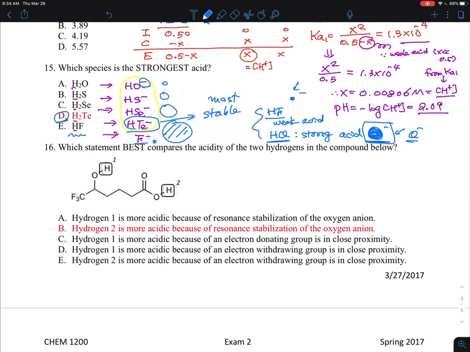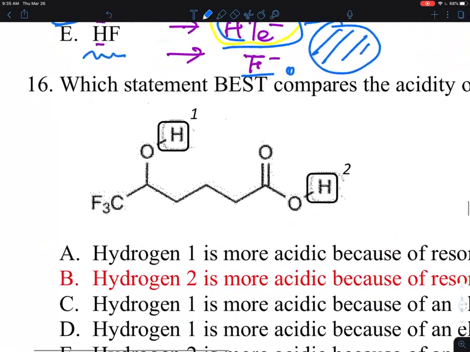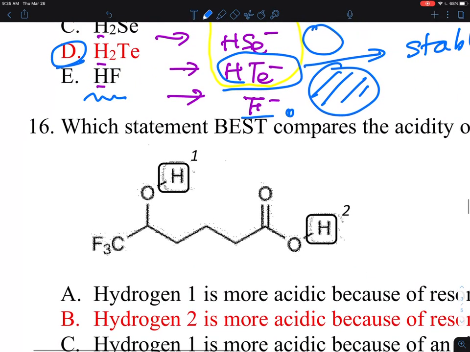Okay, moving on to number 16. This is actually the same problem that we met in the classroom, when I talked about the acidity differences for this organic compound. So the answer here is, all you have to do is ask which one is more acidic, and then look at the scenario.